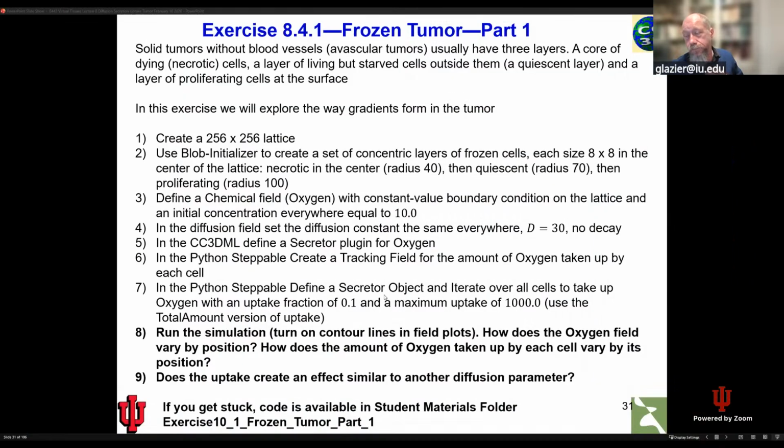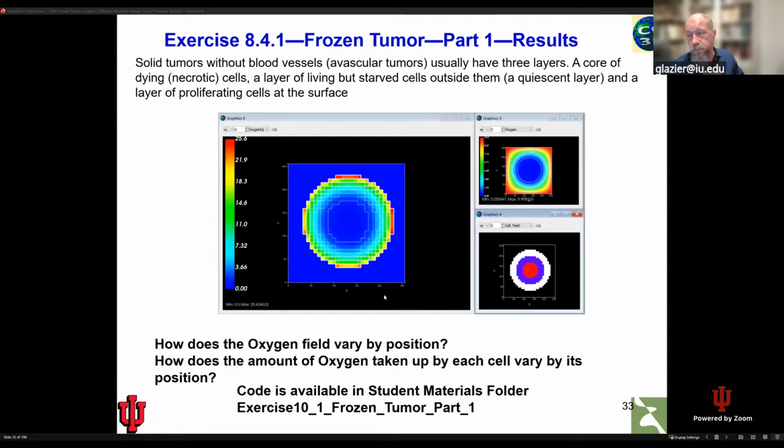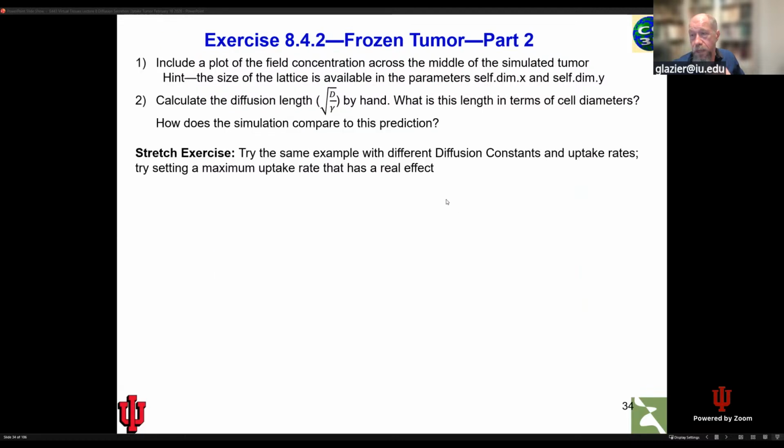Okay. And so now, I suggested making a bigger tumor than the one you did, and a smaller screen so that it didn't take so long to run, but what you got here is fine. So now you can calculate what the diffusion length is.